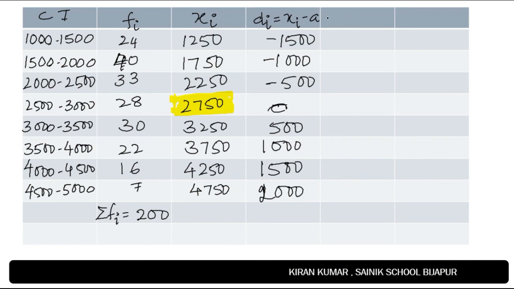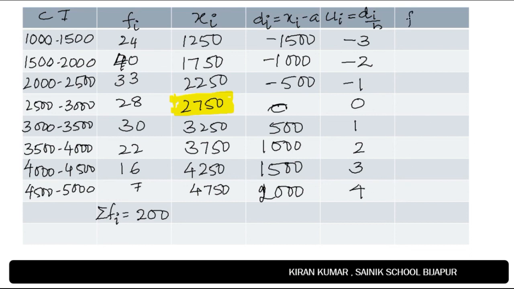Now let me divide these deviations by the class size. Here the class size is 500. So on dividing we get minus 3, minus 2, minus 1, 0, 1, 2, 3 and 4.